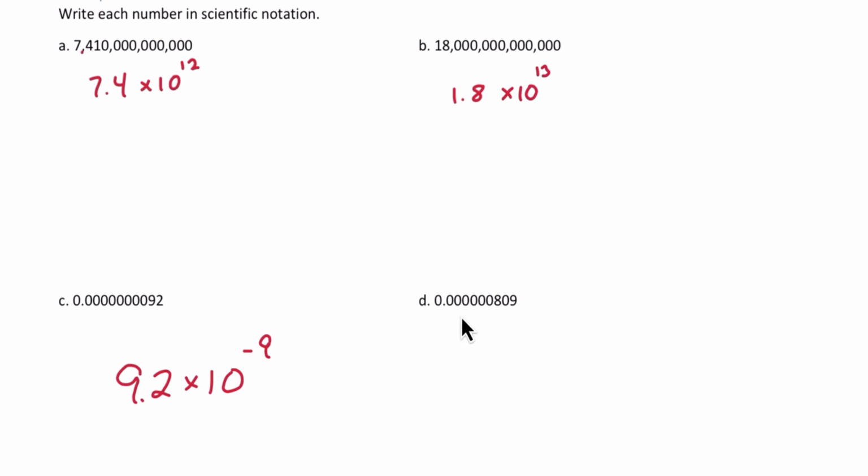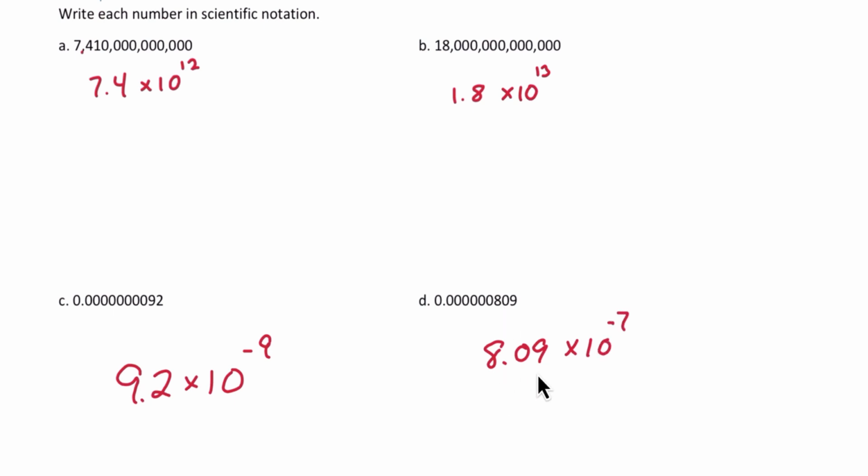In this example, again, we want to start by moving the decimal point until we get a number that is between 1 and 10. So 1, 2, 3, 4, 5, 6, 7 moves will take us to 8.09 times 10 to the negative 7.